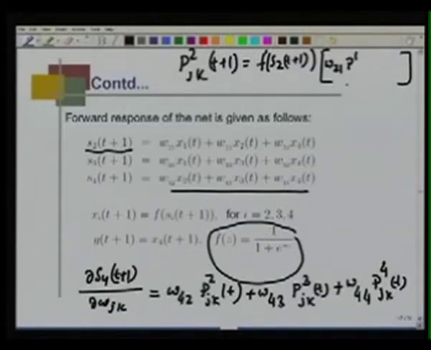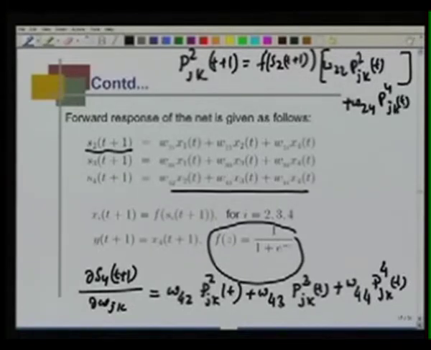You must know that x1 is an input. So I cannot actually write this, because if I differentiate this with respect to WJK, x1 is an input, and input is not a function of WJK. So we will omit that. First we will start from here. That is W22 P2JKt plus W24 P4JKt plus, as we said, this is JK XK.